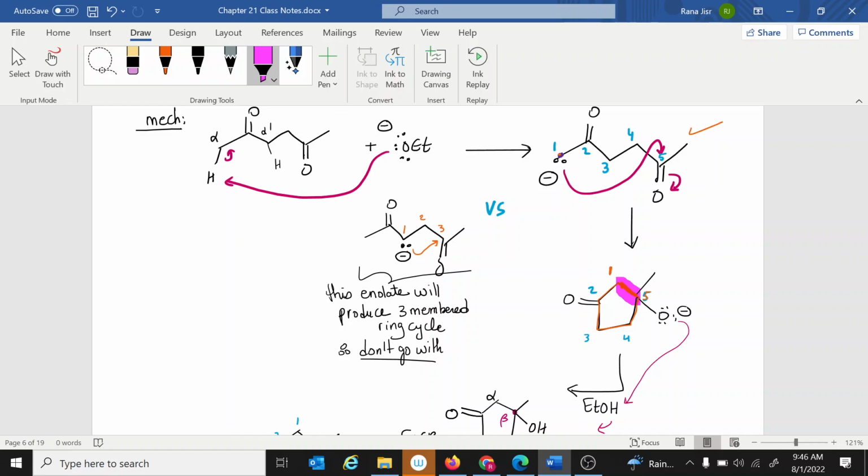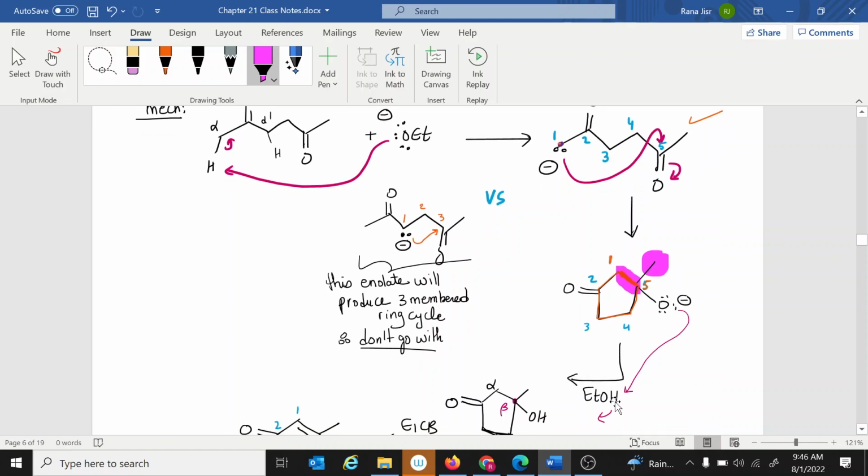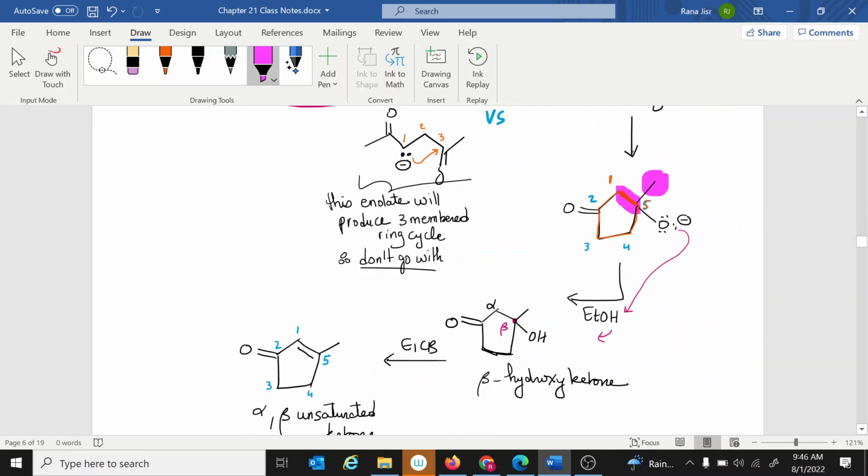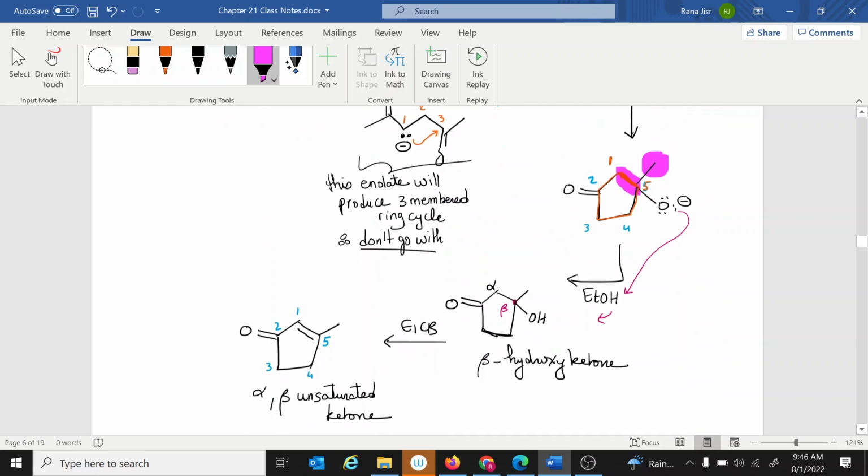After you do this, go ahead and put the substituents on the carbons. So I have on 5 a CH3, put a CH3 in there. On 5 you have the O negative, put the O negative in there. On 2 you have a carbonyl, put the carbonyl in there. Then go ahead and protonate with the solvent and then do the E1CB since we're still doing the aldol condensation.